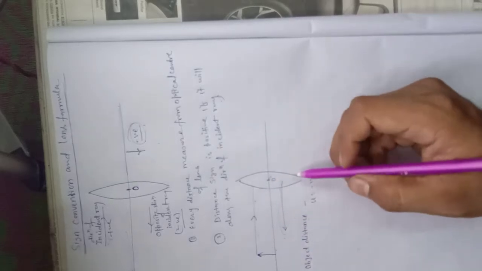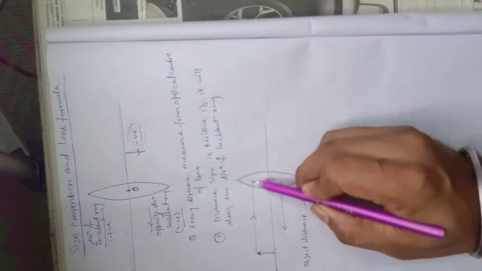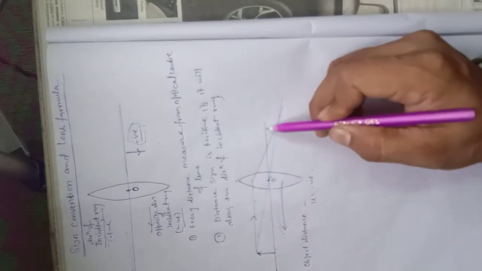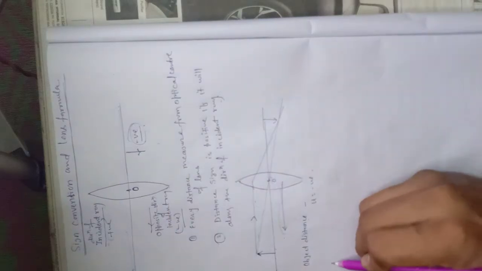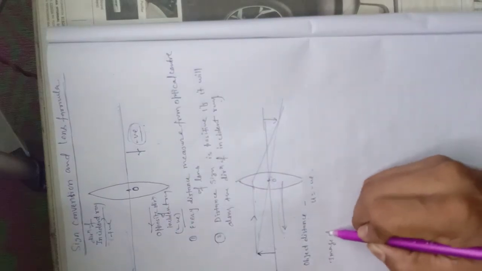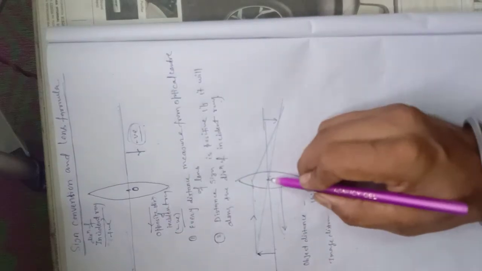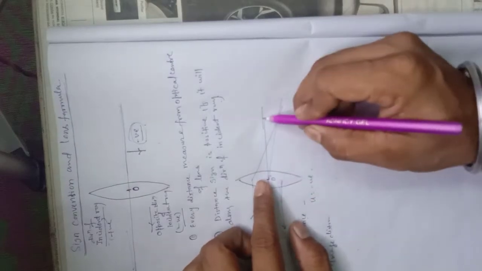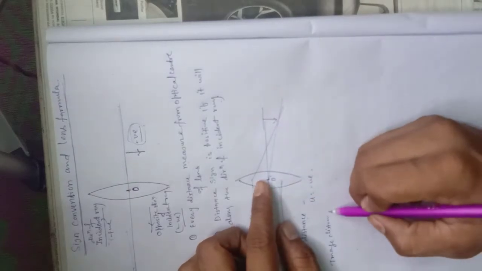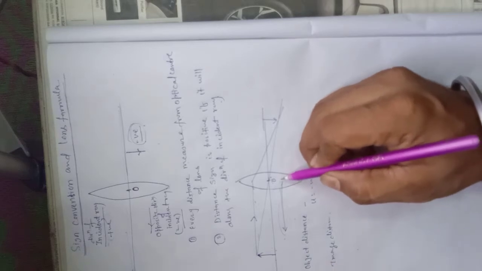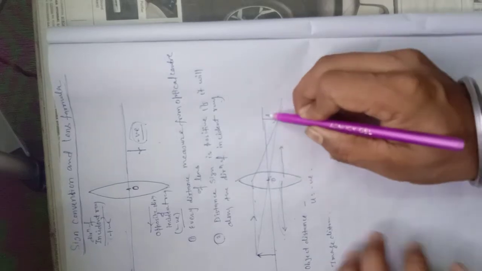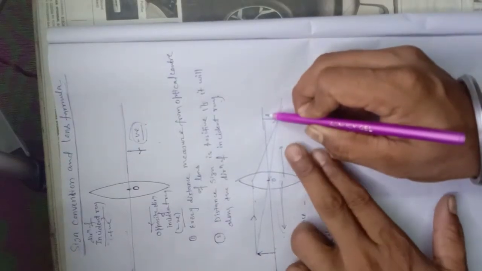Now let the image form here. What is the image distance? The image distance is the distance between the optical center of the lens and the image. When you measure the image distance, you measure from the optical center to where the image is formed.